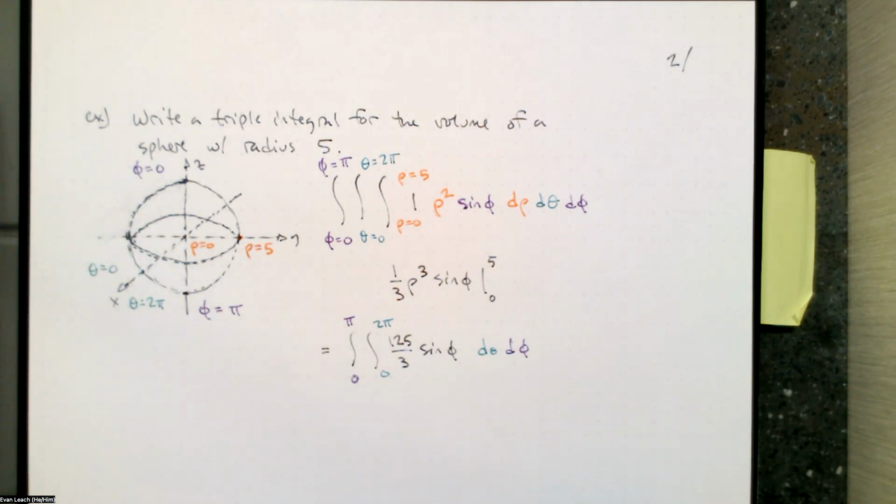If we're thinking, gosh, the integration is going so easily, that's because we're trying to use spherical coordinates to find the volume of a sphere. So that's a good match. This would really suck if we were doing this in rectangular coordinates.